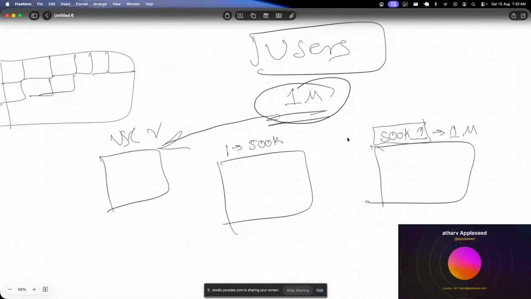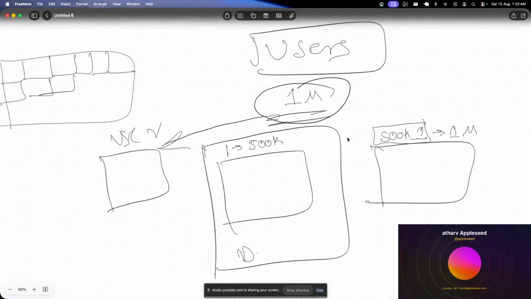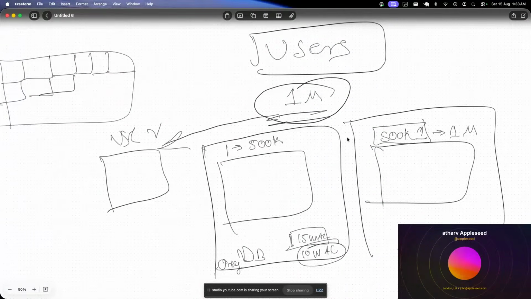So now, instead of just writing to db1, which was the original db, which was producing 15 writes per second, and our database was able to only execute 10 writes, what if we split it into two separate databases so that we can have 20 writes execution per second?